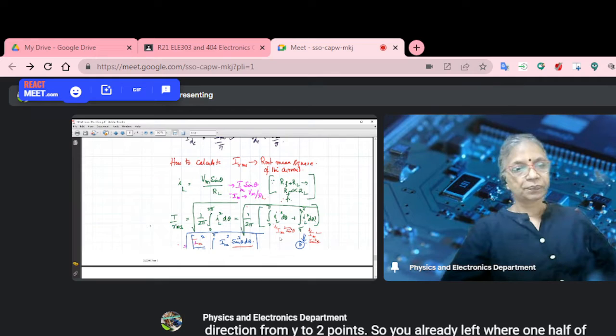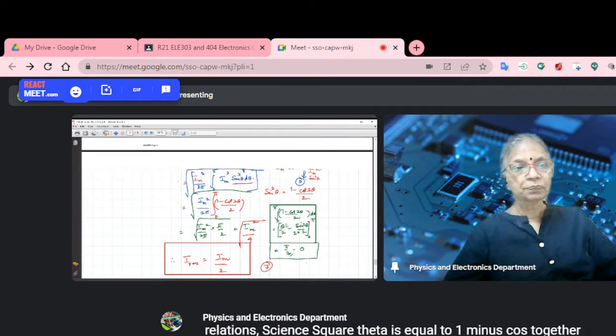Once again, using your trigonometric relations, sin square theta is equal to 1 minus cos 2 theta by 2, and this is shown in the brackets here. What are you getting?